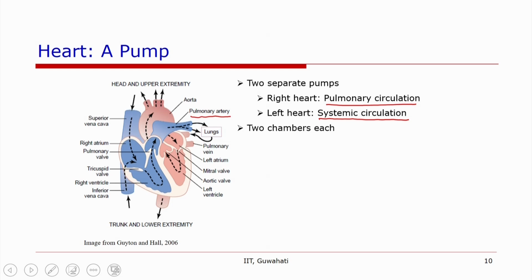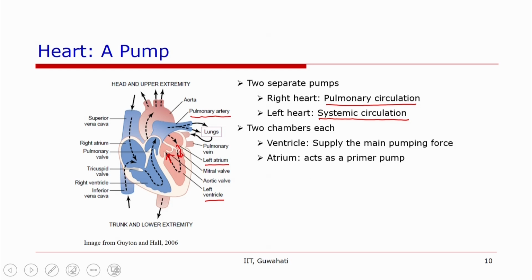Both the pumps have two chambers. As you can see, the left side has the left ventricle and left atrium. The left ventricle gets blood from the atrium and then supplies it to the aorta through the aortic valve. And the atrium acts as a primer pump.